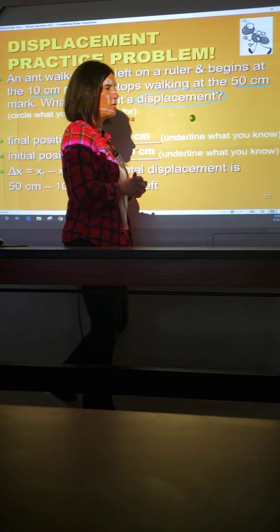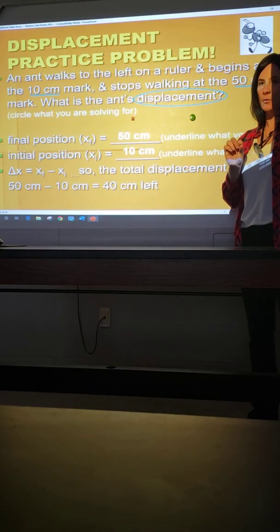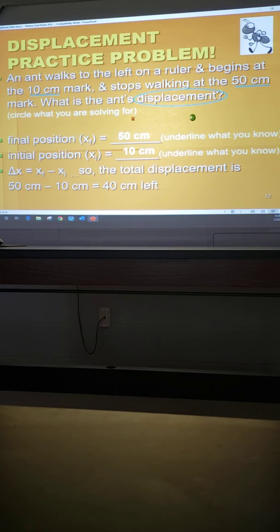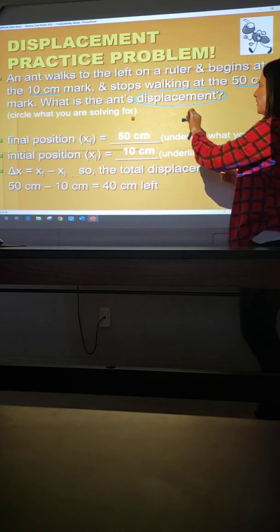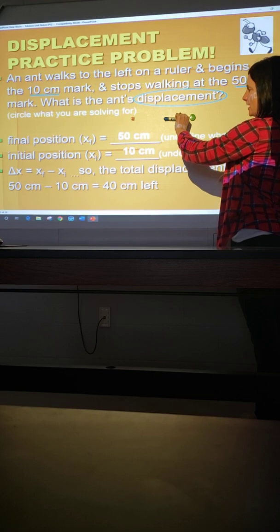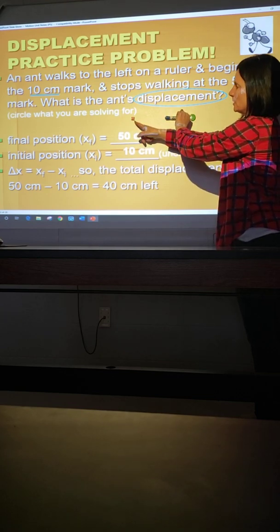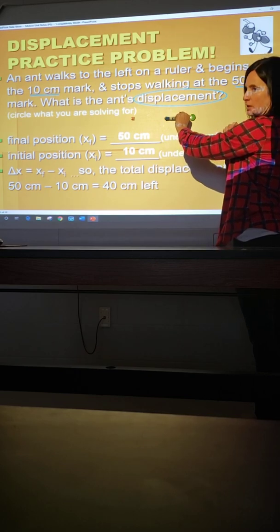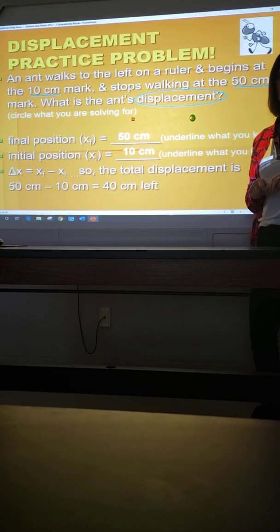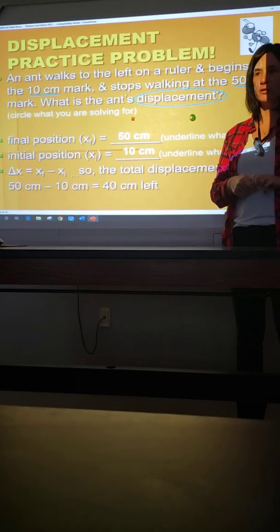To figure out the direction that the ant went, what I always tell people: put your pencil at the point that it started and point it towards where it ended. Put it at the XI, point it to the XF. Whatever direction that pencil is pointing, that's the overall direction that the ant went.